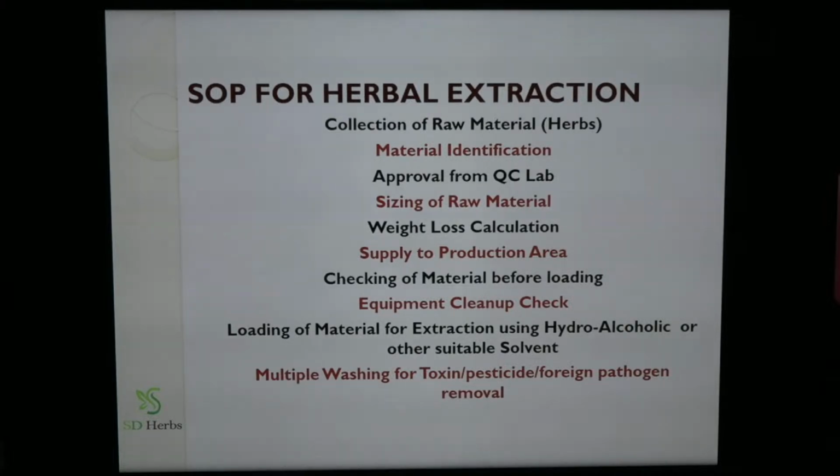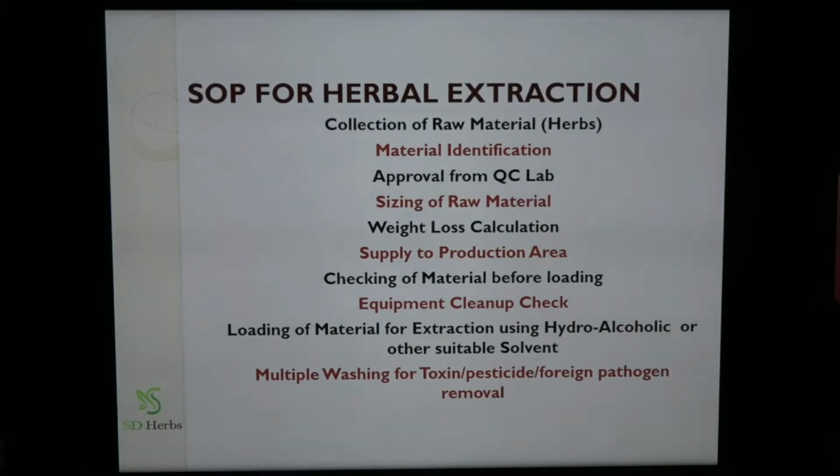Okay. Then multiple washing, because this is an important part. Right now the European Union and US FDA are both putting small checkpoints every day: for toxins, for pesticides, for ethylene oxide traces, for pathogens, for microorganisms, for heavy metals.